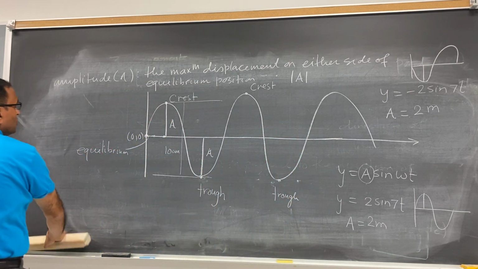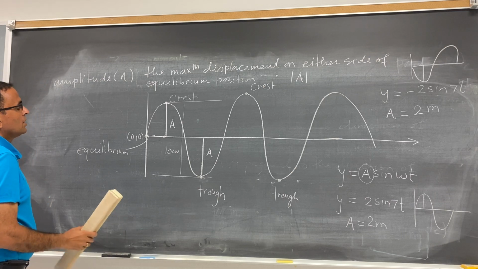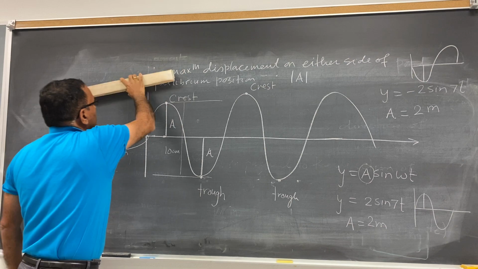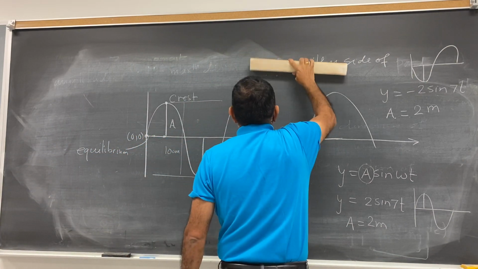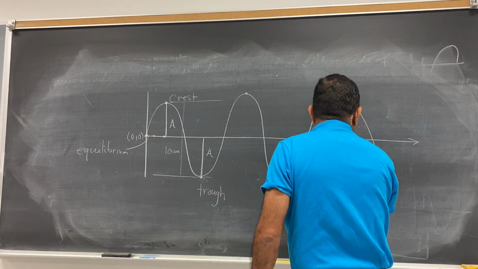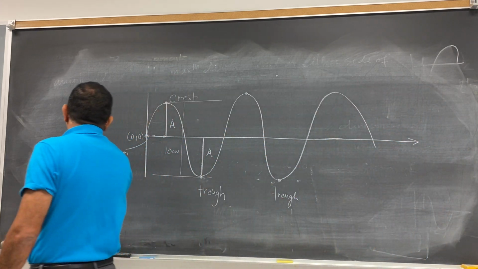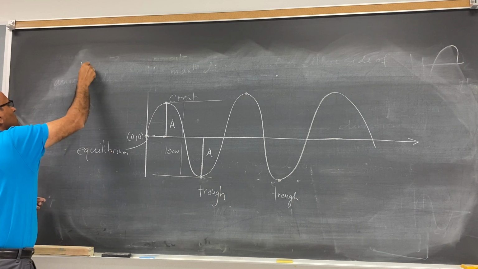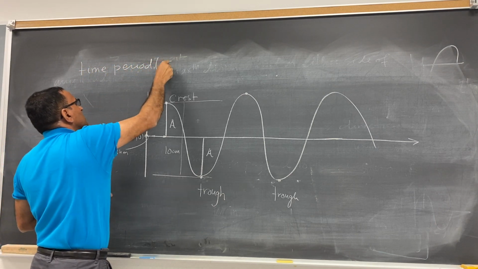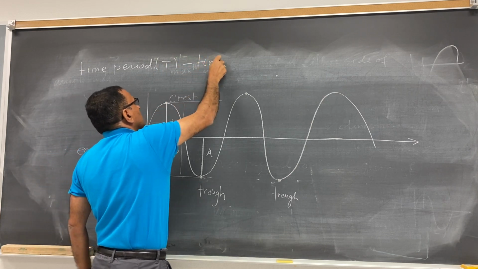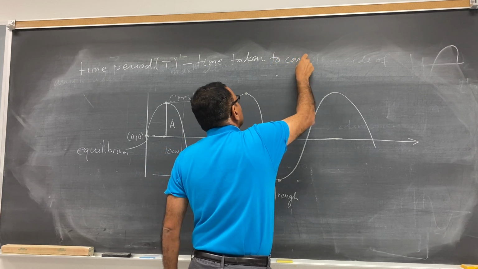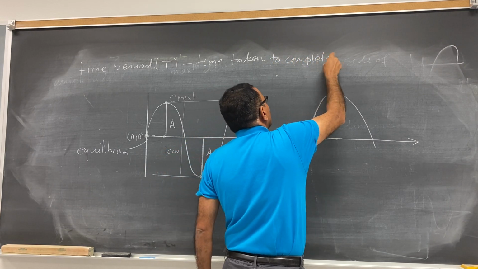Another term you need to know is time period. What is time period? Time taken to complete one wave. One oscillation is one wave. So time period is the time taken to complete one wave.